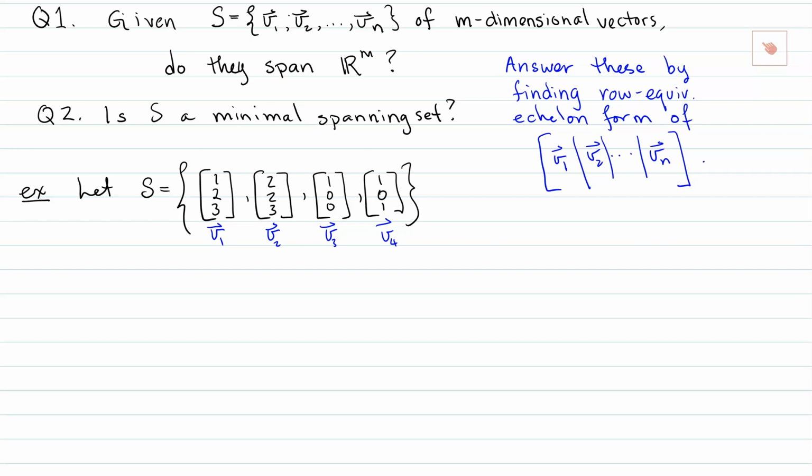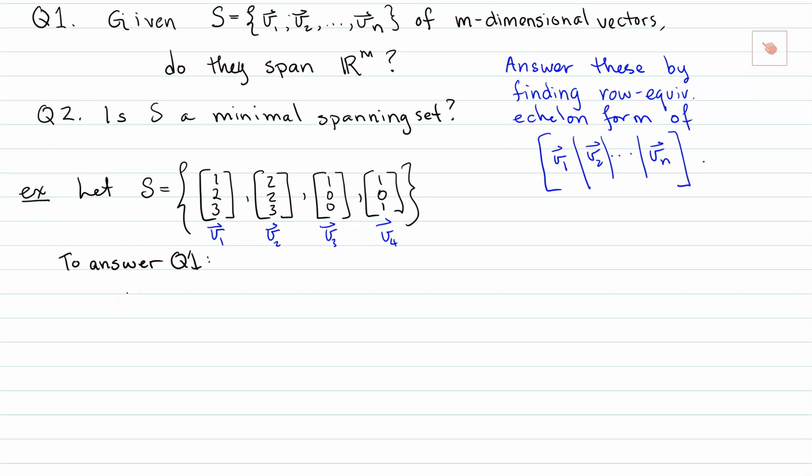So first we're given this S, and we want to ask if it spans Rm. In this case, we're talking about 3-dimensional vectors, so we ask if it spans R3, all of 3-dimensional space. To answer that first question, we need to figure out whether or not we can write every vector in R3 as a linear combination of these 4 vectors.